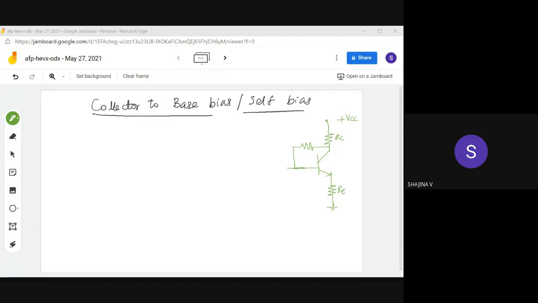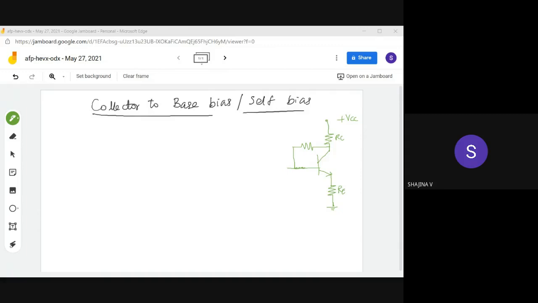so that I can write VCC minus IC plus IB into RC minus VCE minus IE RE equal to 0, or our VCE will be equal to VCC minus IC plus IB into RC minus IE RE.